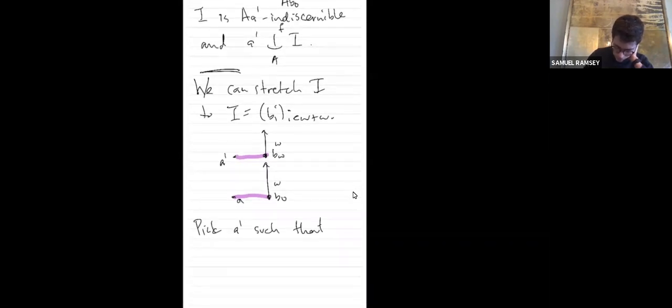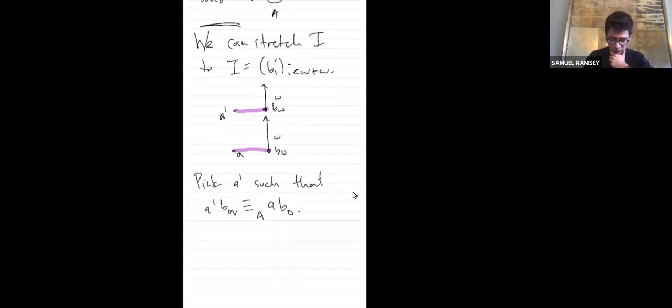So pick A prime such that A prime B omega has the same type over A as A B0. And this is possible because the Bi live on an indiscernible sequence. So in particular, they all have the same type over A.